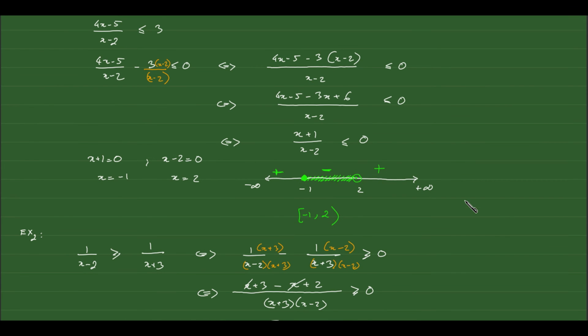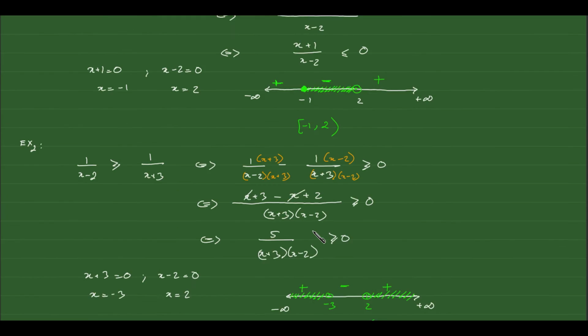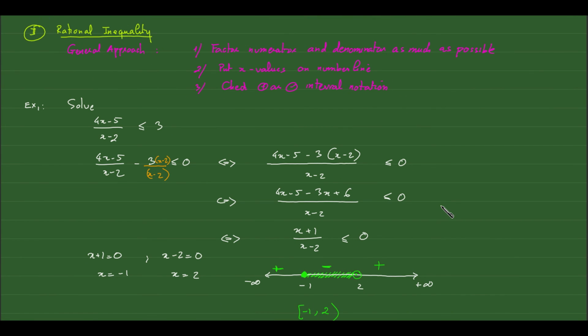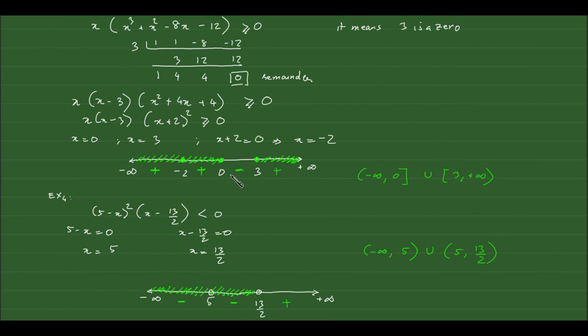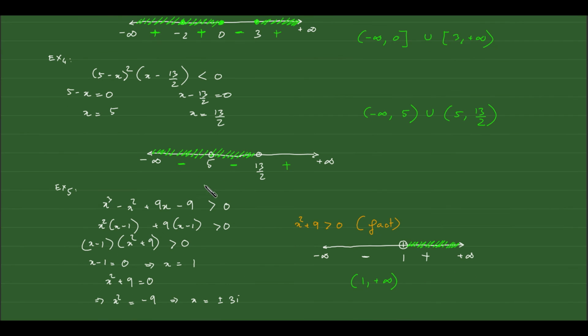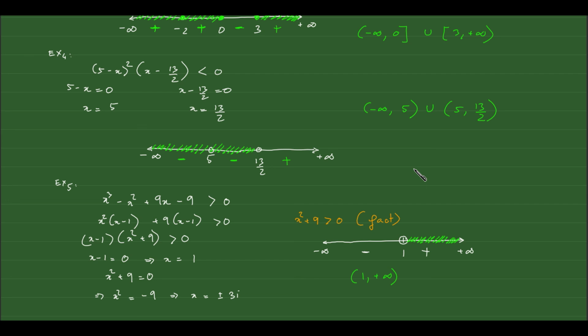If you use another method, it will be wrong, because we don't have another method. So you have the number line and the side table. Don't use any other method. This is the only method to solve polynomial inequalities and rational inequalities.